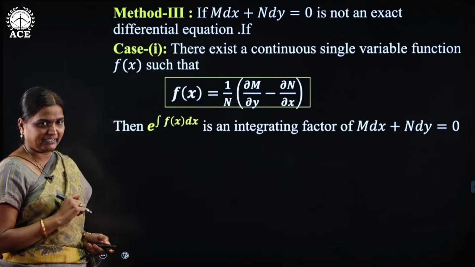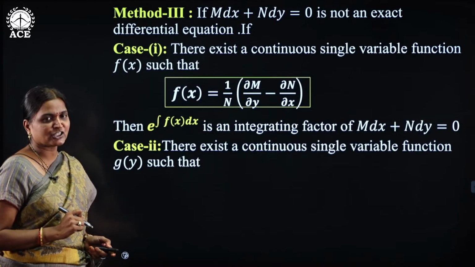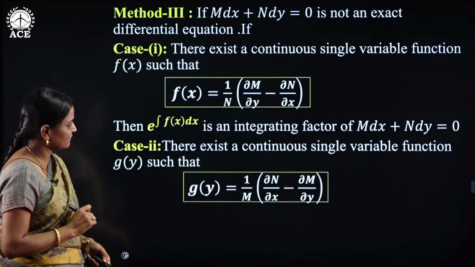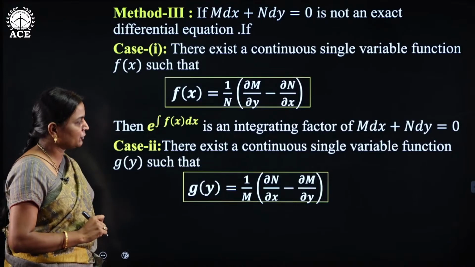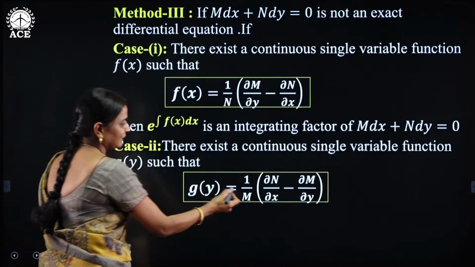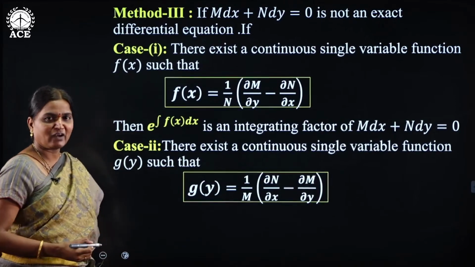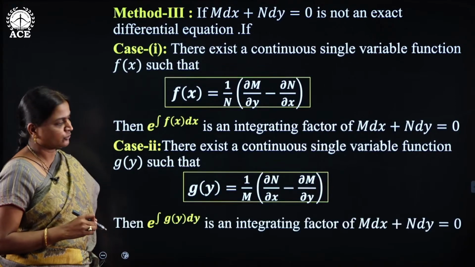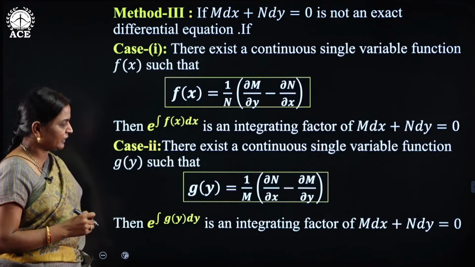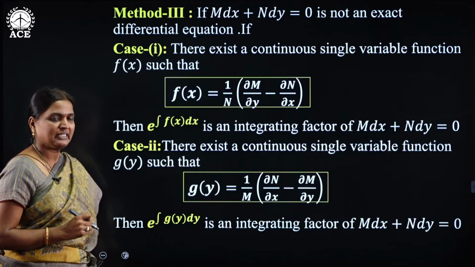If this case fails, what is the second case? There exists a continuous single variable function of y, notation g of y, which satisfies the condition g of y equal to 1 by M into (dou N by dou x minus dou M by dou y). If we simplify this and get a single variable function in terms of y only, then the integrating factor is e power integral g of y dy, an integrating factor of M dx plus N dy equal to 0.